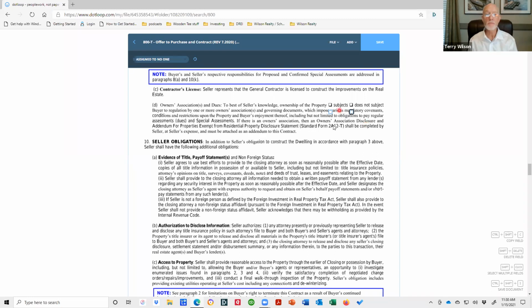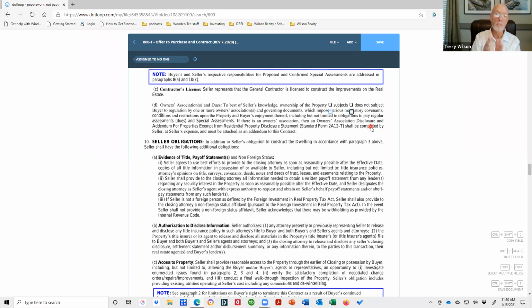The only time you use the owners association disclosure is if the house is in a neighborhood with an HOA, but the house has not yet been built, so the RPODS report is not required. Or it's a spec home, a home that has never been occupied. You do not have to provide the RPODS report if it's never been occupied.